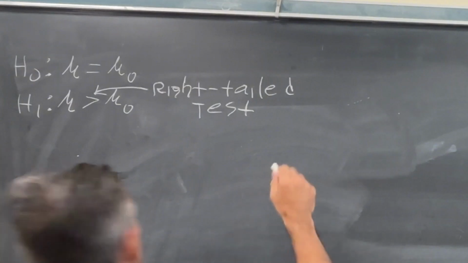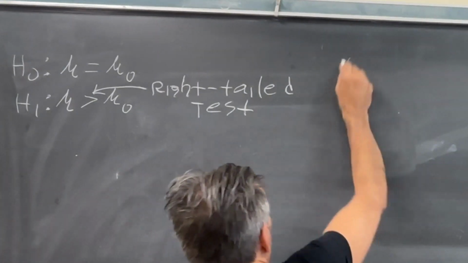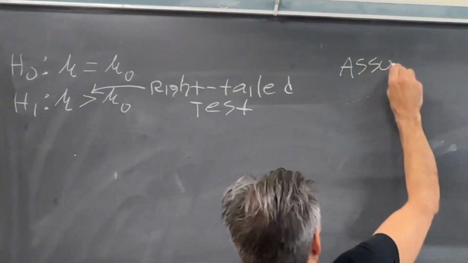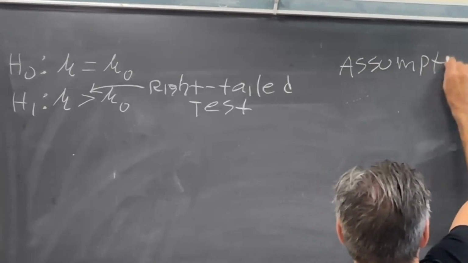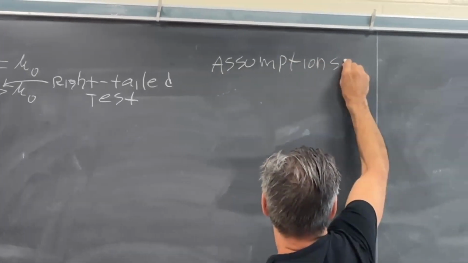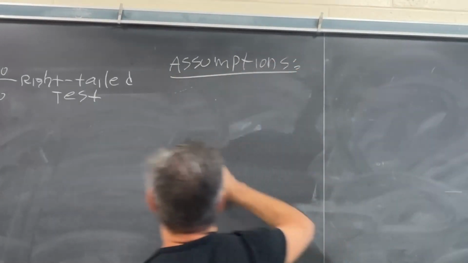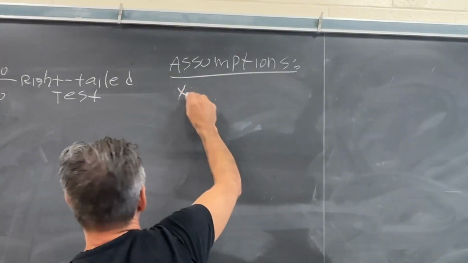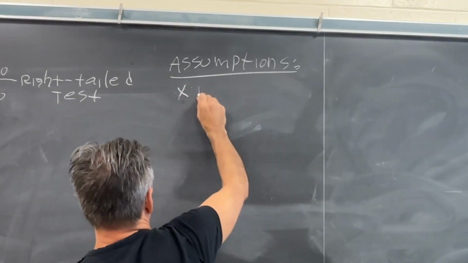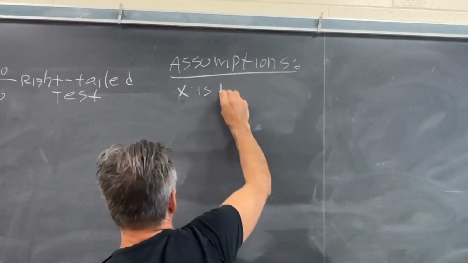So we have some assumptions. We have that our random variable, let's call it x, is normally distributed.